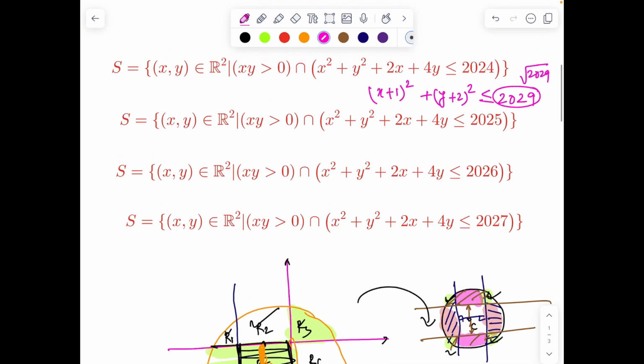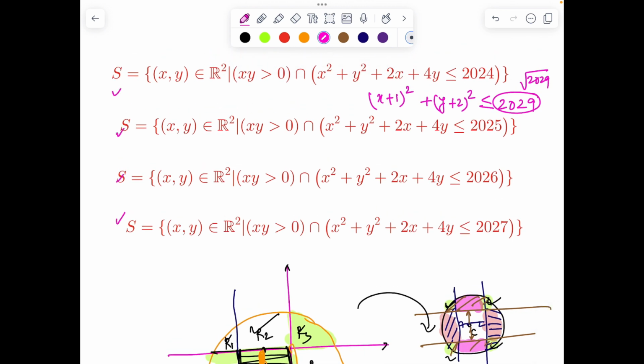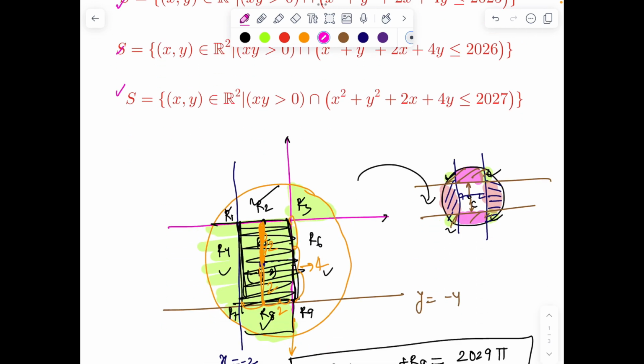Exactly in the same manner, you can repeat the process and find the answer for all the following sets. I hope you enjoyed the problem, and the point was how smartly we introduced lines of symmetry in the question and avoided any integration. You can give another symmetry argument, and that is left as an exercise for you.